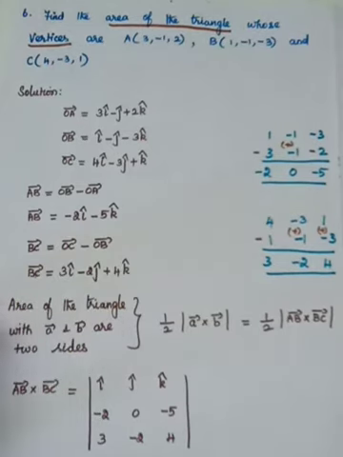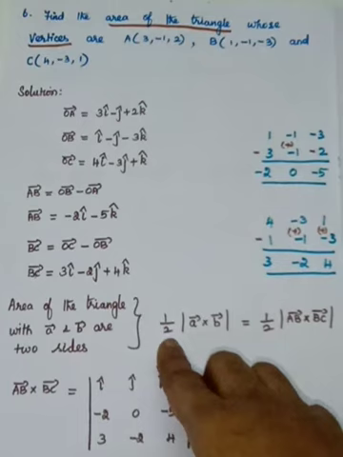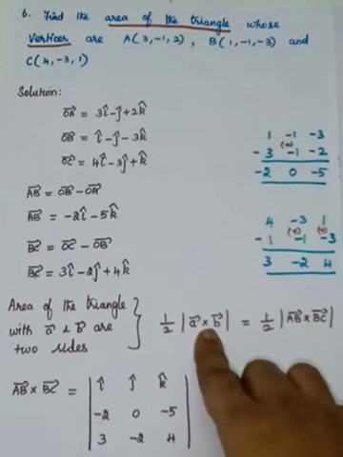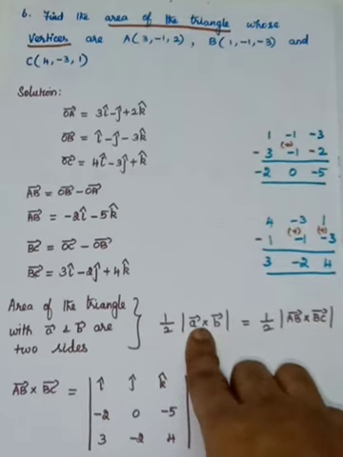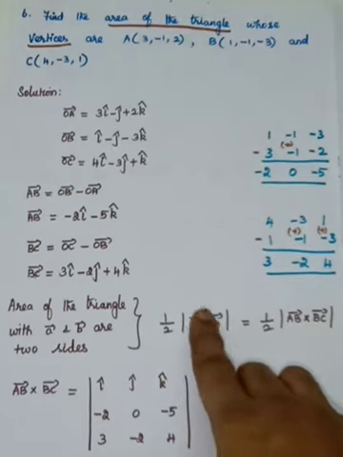Now you have two sides. What is the first side? AB vector. What is the second side? BC vector. If the two sides are A vector and B vector, the formula is half into modulus of A vector cross B vector, because it is the area of the triangle. So you have to use half into modulus of A vector cross B vector. What is your A vector now? That is your first vector, the AB vector.